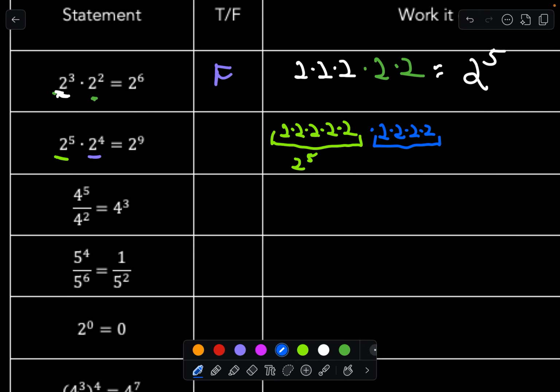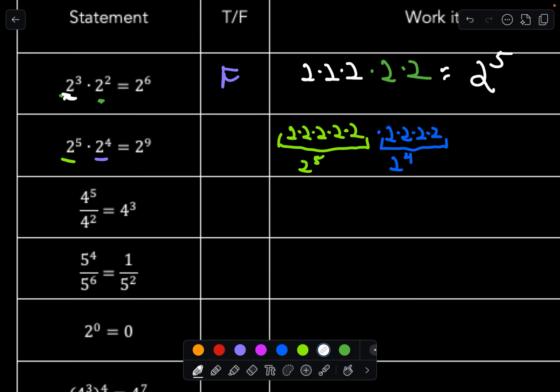This is 2 to the fourth. All right? Now, counting up the number of 2's we have 1, 2, 3, 4, 5, 6, 7, 8, 9. So we have a total of 9 2's. So this is 2 to the ninth.